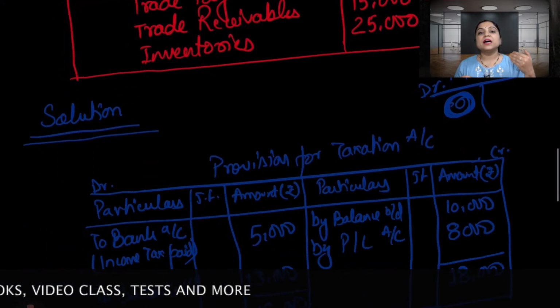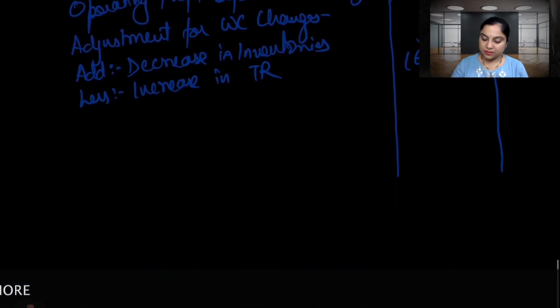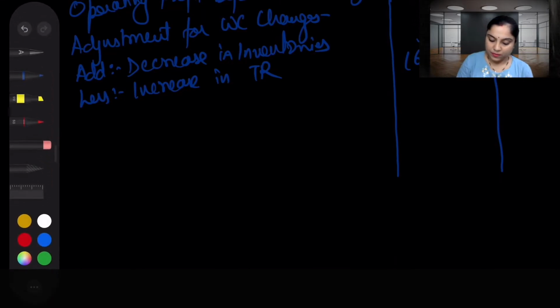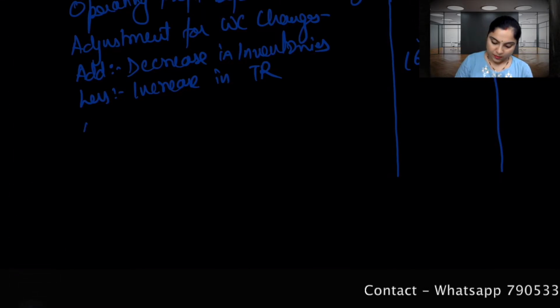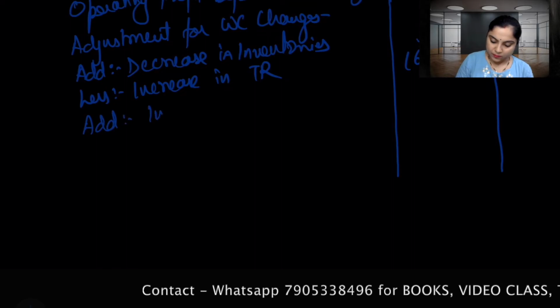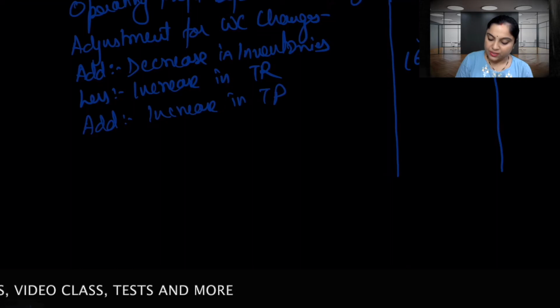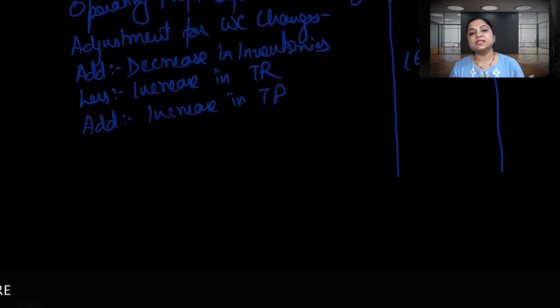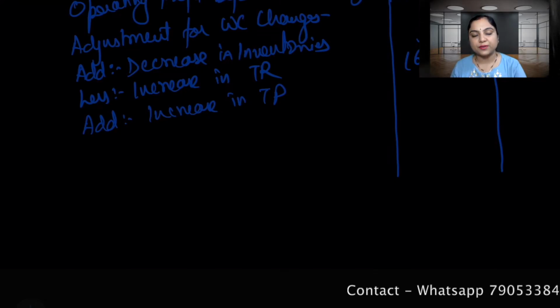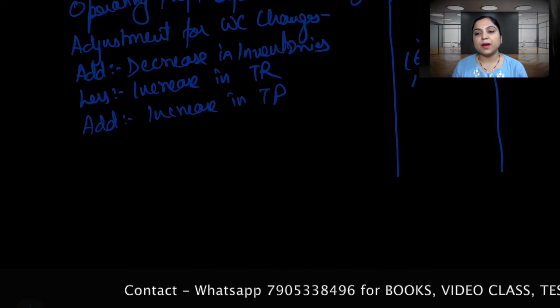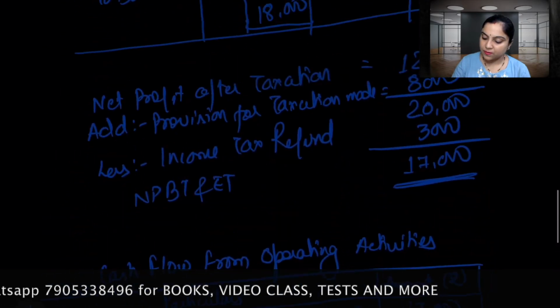So we have an increase in trade payable. Earlier it was 21,000, now it has increased to 25,000, so it increased by rupees 4,000.